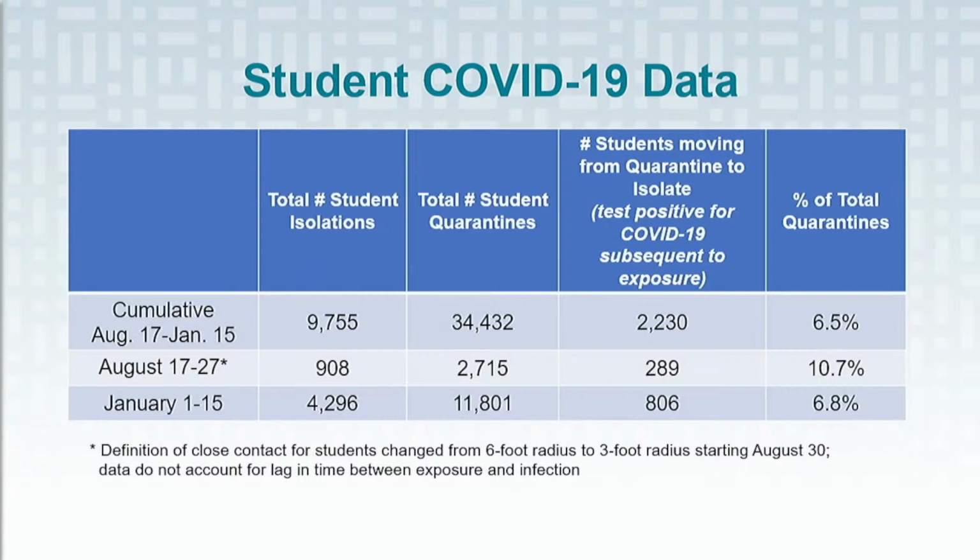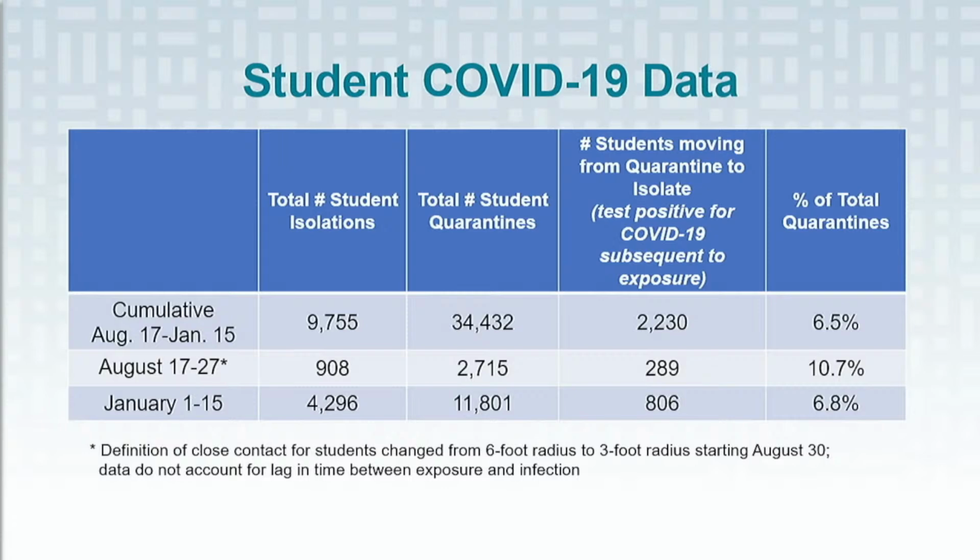All right, moving from quarantine to isolation, from 17 August to 15 January, 2,230, 6.5%. 35% of employees moved from quarantine to isolation, 6.5% of students. August 17 to 27, you see why that's noted differently.